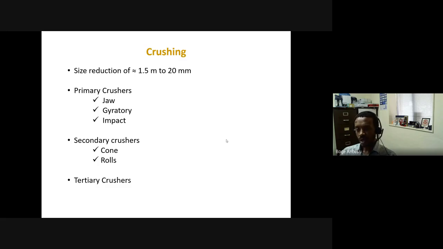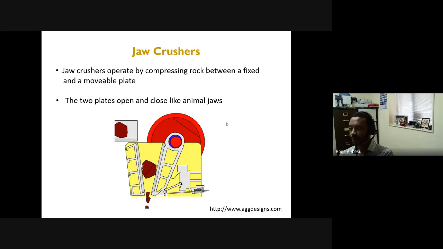And in cases where you use tertiary crushers, again, we use cone crusher and roll crusher, but usually we use smaller size equipment for tertiary crushing. Okay. So I'll probably talk about some of this in my next slide. So hopefully that becomes a little bit more clear as we do more of this.